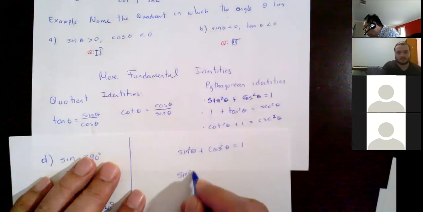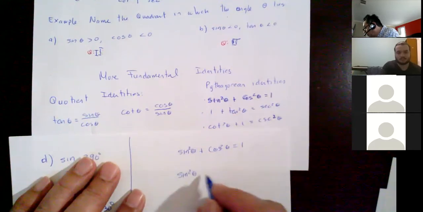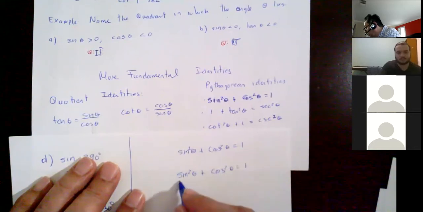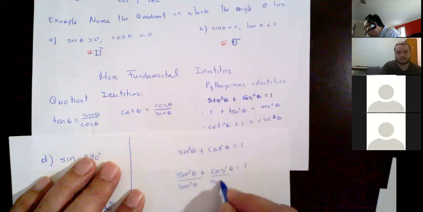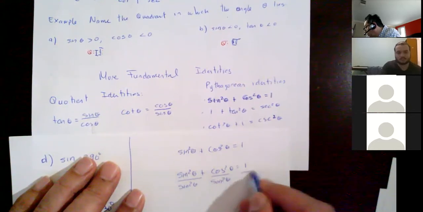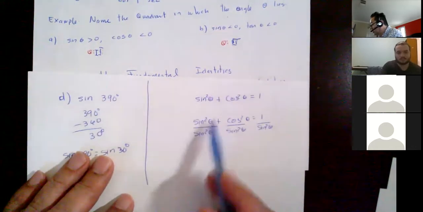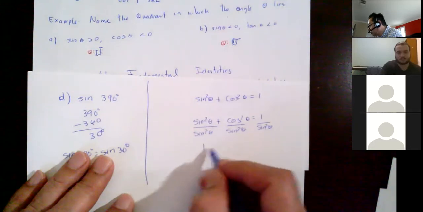So if you rewrite it and divide by sine squared of theta, each term, what is sine squared of theta divided by sine squared of theta? That equals 1.